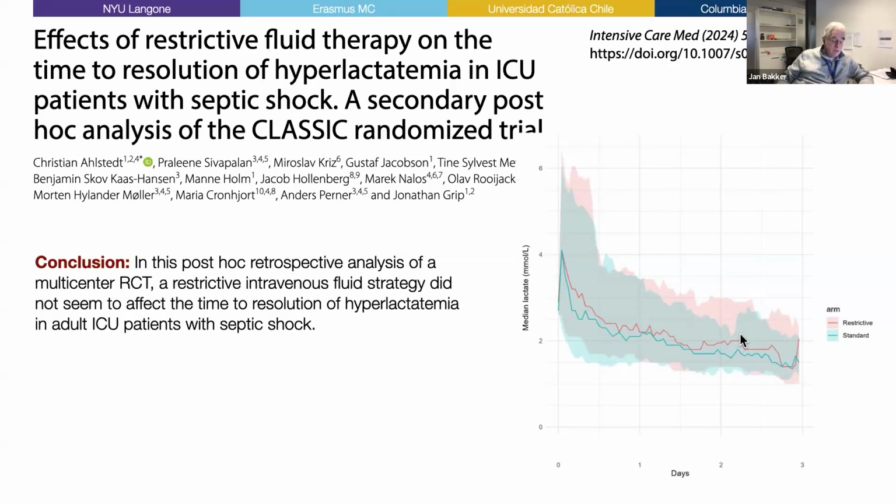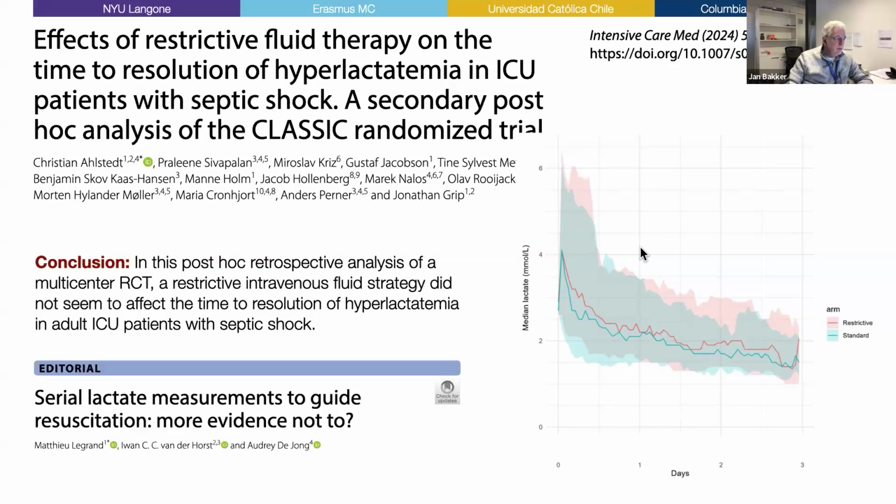Hypoperfusion might benefit from fluids, but hyperlactatemia, of course, not. So we should abandon studies like this because this is not making much sense. And just like the lactate study, Andromeda 1 and Andromeda 2 even more, is taking the individual patient into account. It's individualized medicine.